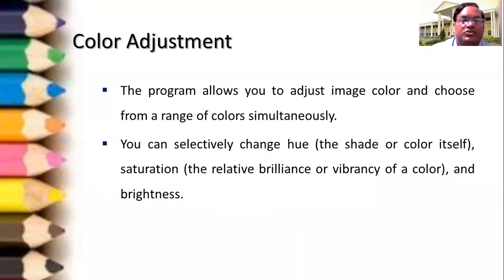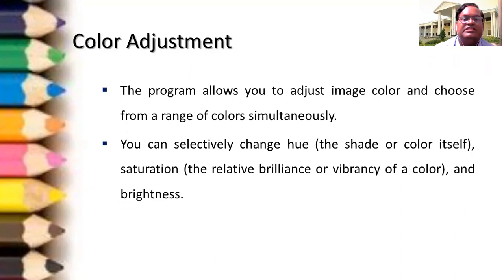And you can also do color adjustments. All graphical programs provide a color palette so that you can adjust image color or choose the colors from a range of colors simultaneously. You can have your own color choice, and it provides a range of colors in terms of a palette, and you can select from the palette.